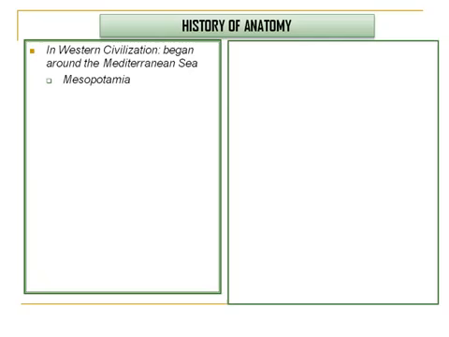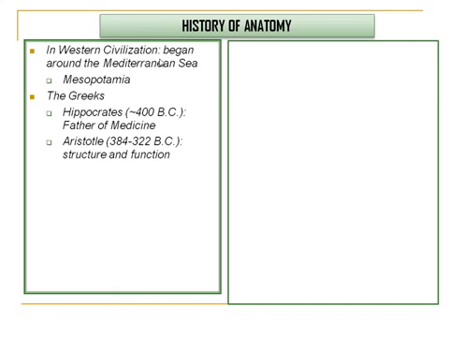Then different advancements were made, and it has undergone a series of additions of knowledge. The history of anatomy started around the civilization around the Mediterranean Sea, and the Greeks made a particular contribution in the advancement of knowledge in anatomy.